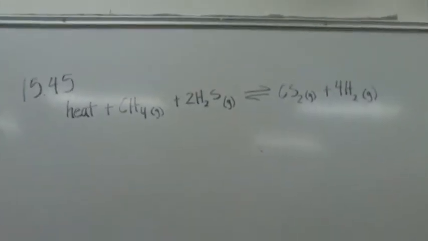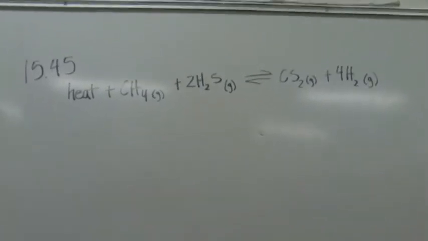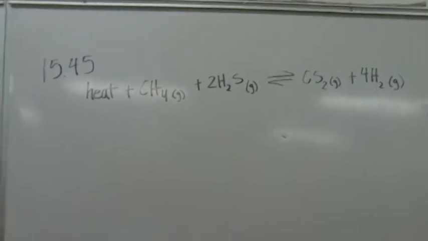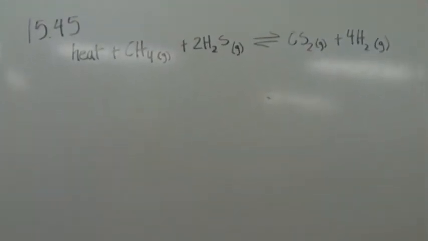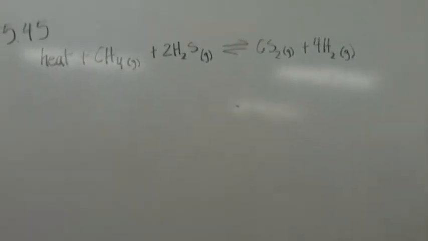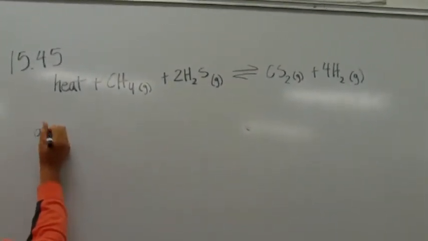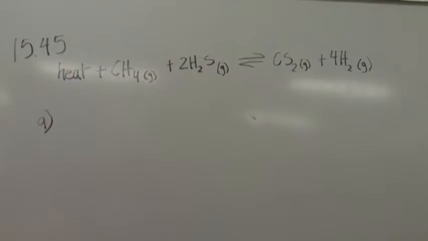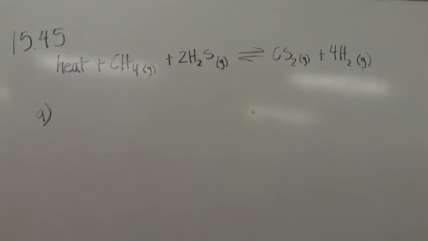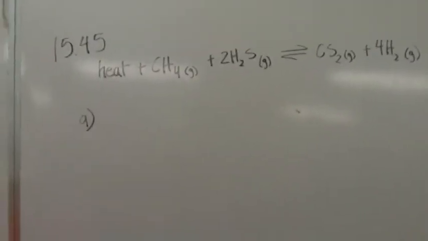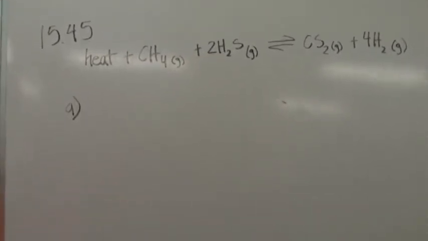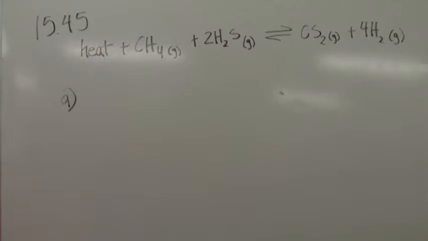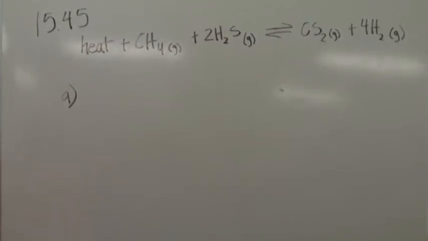How will the position of equilibrium in the reaction be affected by the following changes? Change number 1, adding CH4. For this, what we need to keep in mind is Le Chatelier's principle. Basically, anytime there's a disturbance in the reaction, it will naturally react in a manner to maintain equilibrium.